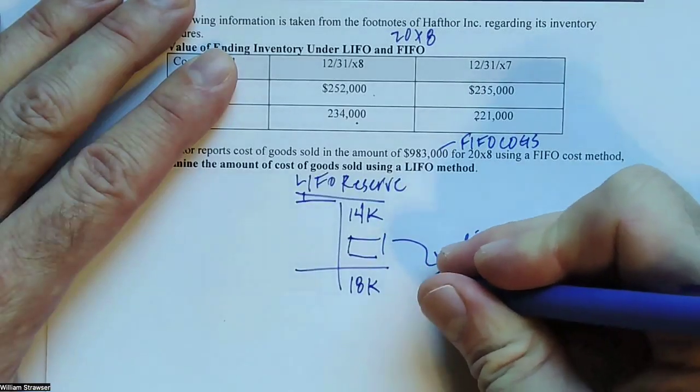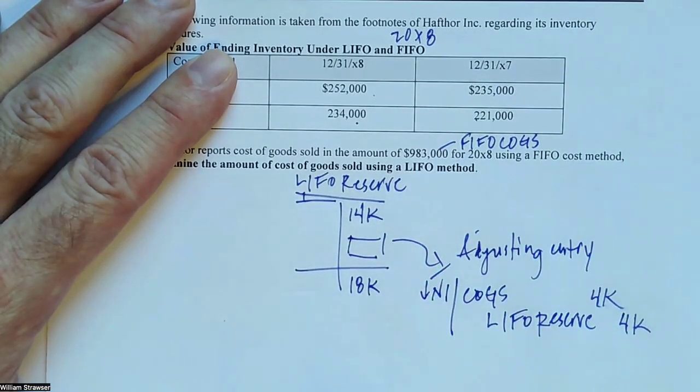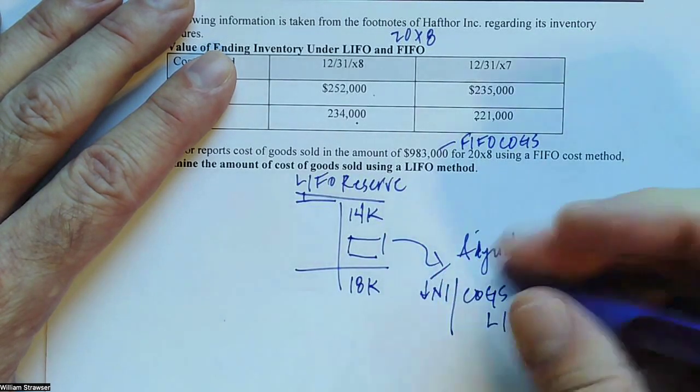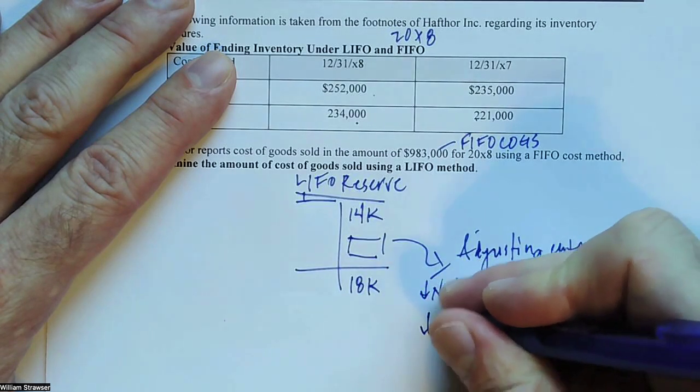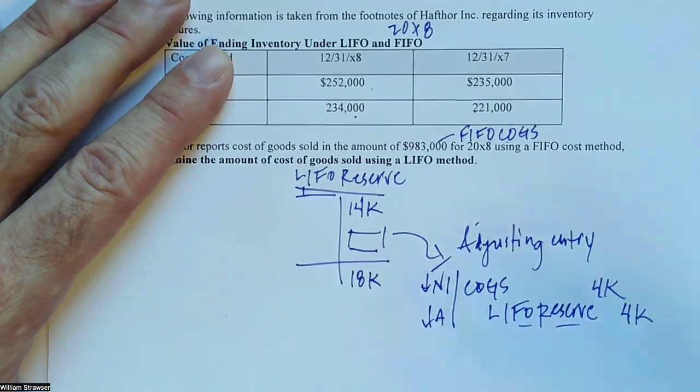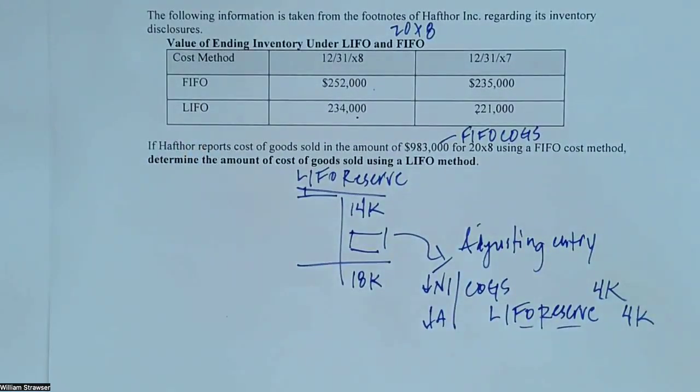So that reduces my income. The company switching from non-LIFO reporting in their ledger to LIFO reporting on their financials, the effect of that is, in this case, going to reduce net income and also reduce assets because LIFO reserve is a contra asset account, a contra attached to the inventory account. So it'll reduce inventory by another 4,000.